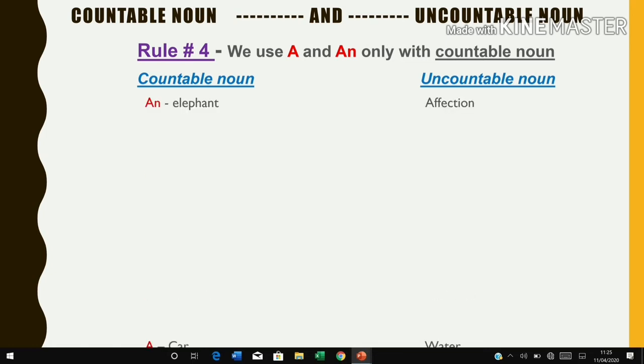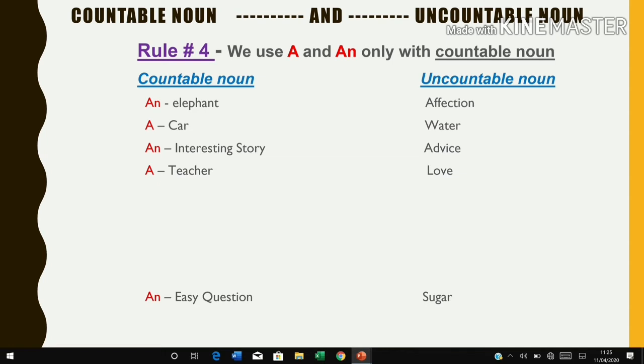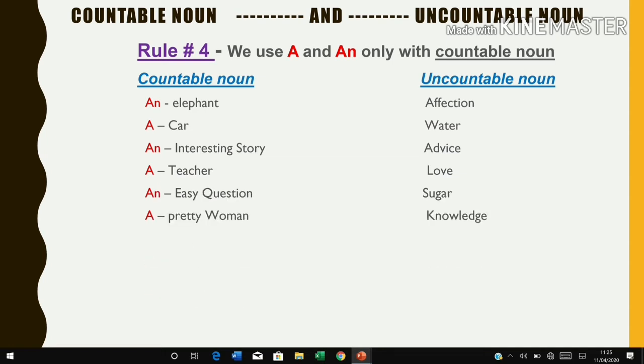We can say 10 elephants, 2 cars, 50 teachers, 10 pretty women, 10 bags of onions, and so on. These are examples of countable nouns.